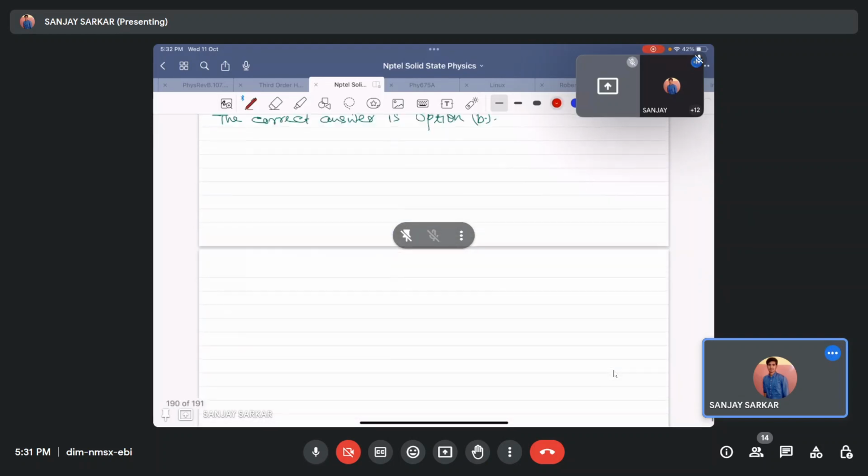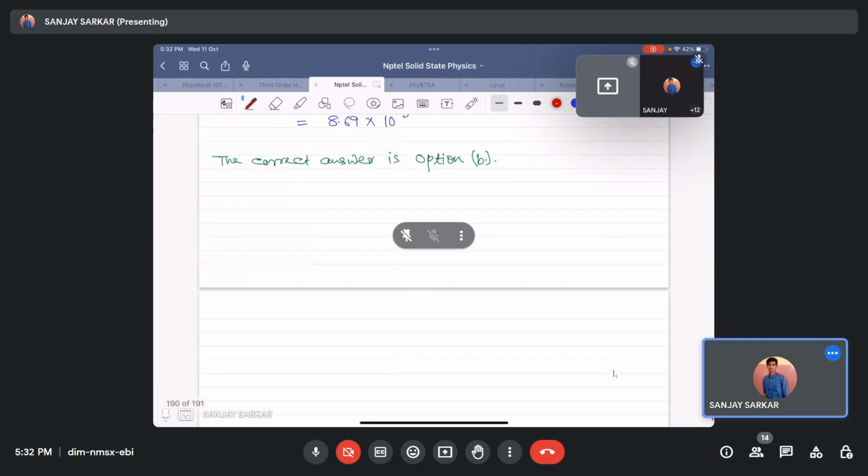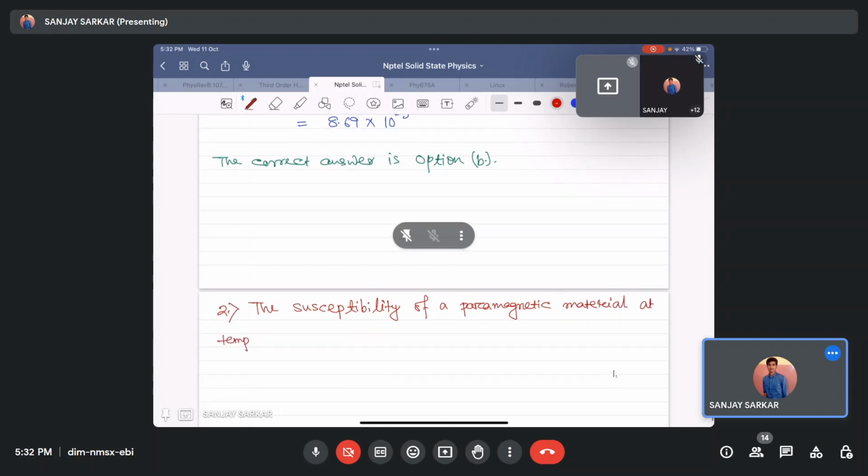The next question is: the susceptibility of a paramagnetic material at temperature 300 Kelvin is 2 into 10 to the power minus 5.